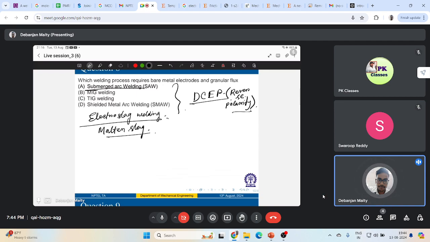Over here, your molten slag will be protecting the weld metal from air, and it will refine it, right? Strictly speaking, it is not an arc welding process because the arc exists only during the initiation period of the process. It is when the arc heats up the flux and melts it, and the arc is then extinguished. So initially the arc will be there.